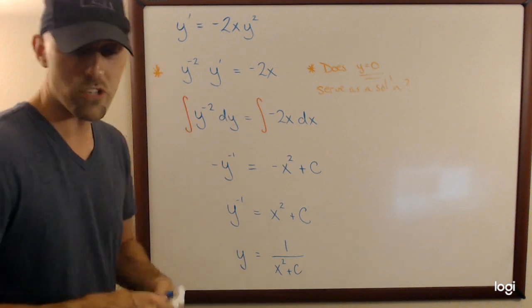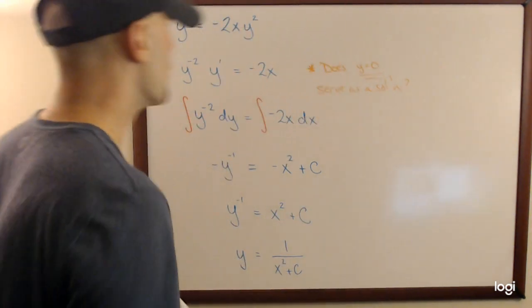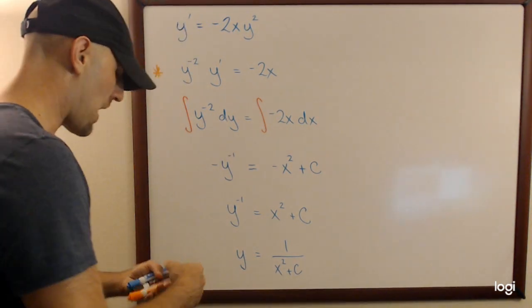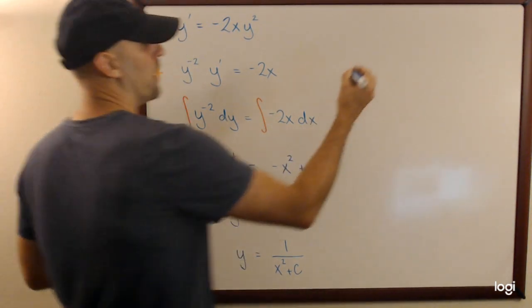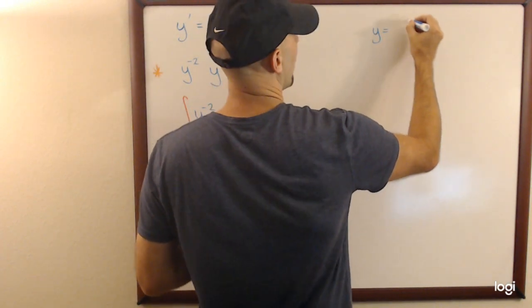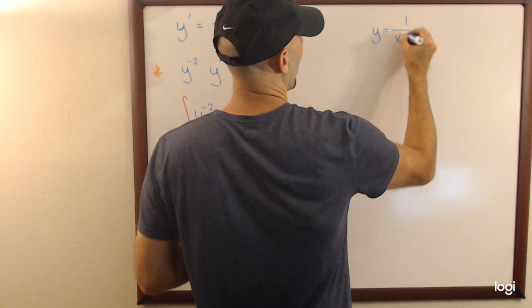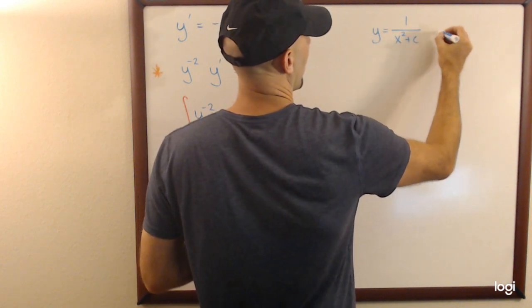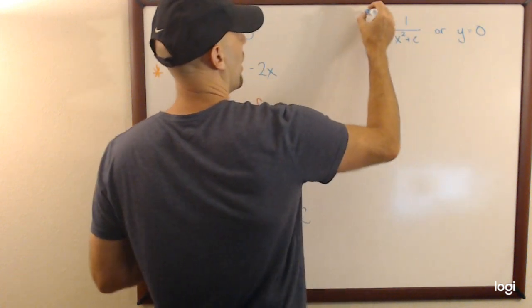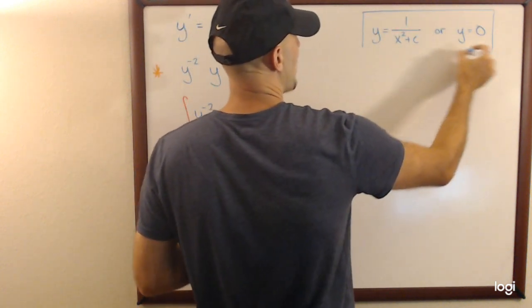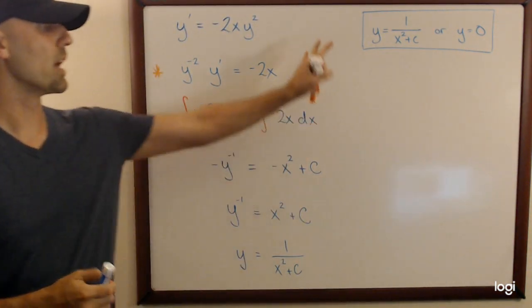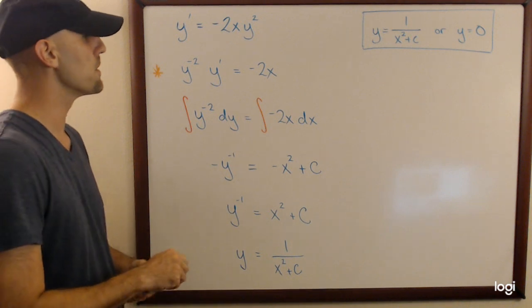So the question then becomes, what actually is my solution? Well, it turns out that I just have to add that on. So I'll accept this as a... This is not formally written, but that's a perfectly acceptable way to write your solutions as far as I'm concerned.